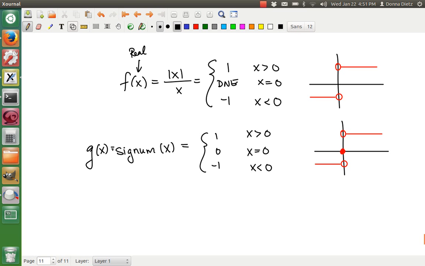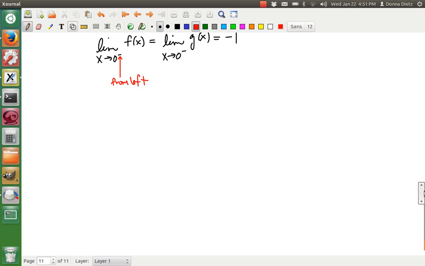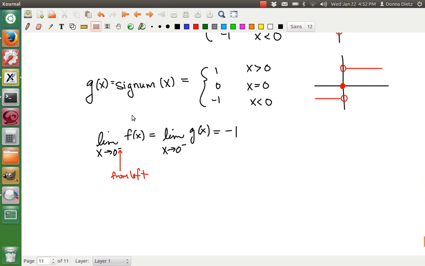I'm going to say the limit as x approaches 0 from the left of f of x equals the limit as x approaches 0 from the left of g of x, which is equal to -1. This little negative sign is not -0, it means from the left. And I can do the same thing from the right, and then I'm going to get +1. So I'm going to just copy this out.